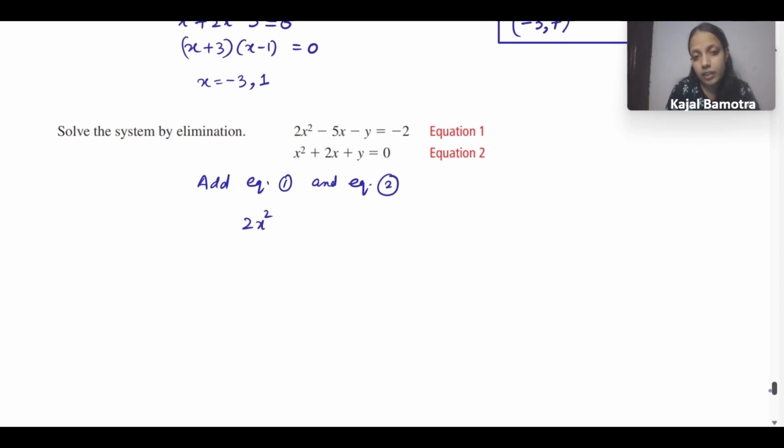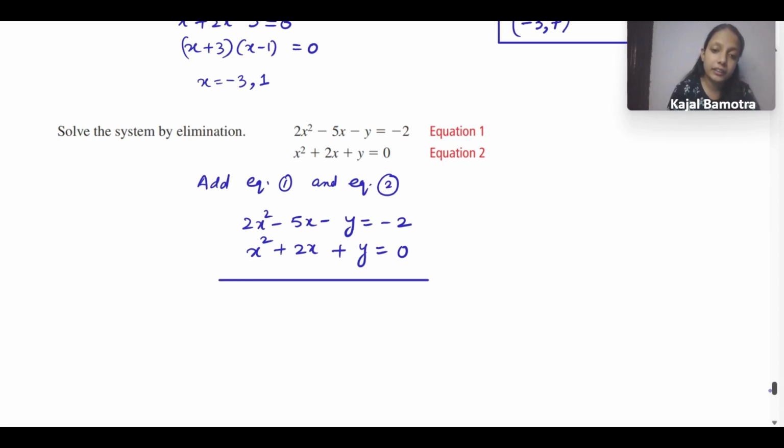It's 2x squared minus 5x minus y equals negative 2, plus x squared plus 2x plus y equals 0. If I add, y will be cancelled. This is 3x squared minus 3x equals negative 2.